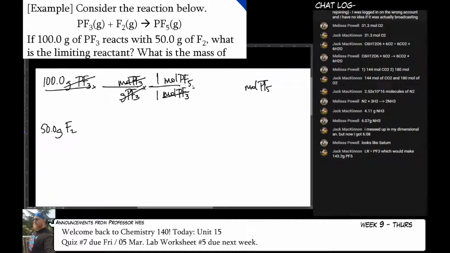This is 1 to 1 because all the coefficients are 1. Then I've got to look up the molar mass of PF3. That's on Lenntech, 87.97. So the number of moles of PF5 I could make from that mass of PF3 is 1.137, since I get 4 sig figs.